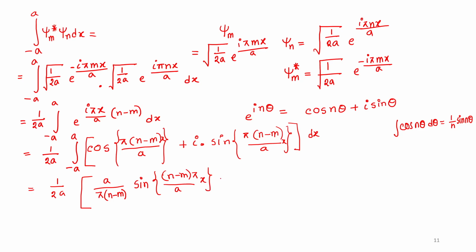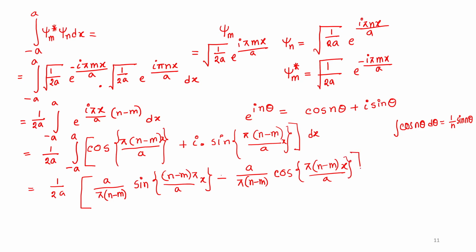And what is the integration of sine? That is minus, so a minus sign will come up, and similarly a by pi (n minus m) will go here. Then integration of sine is minus cos, to be specific, cos of pi (n minus m) x divided by a.